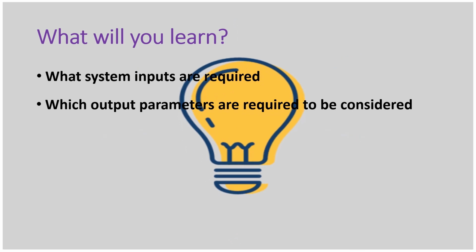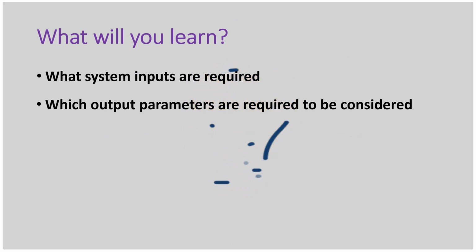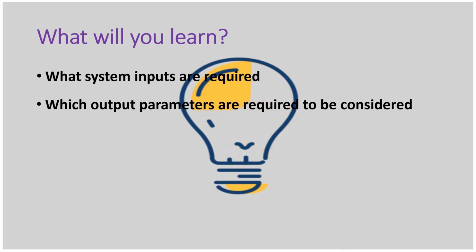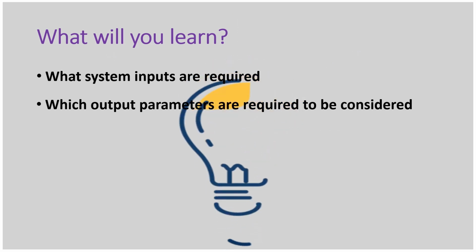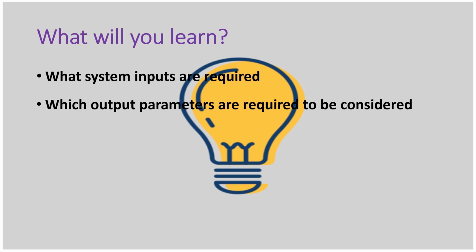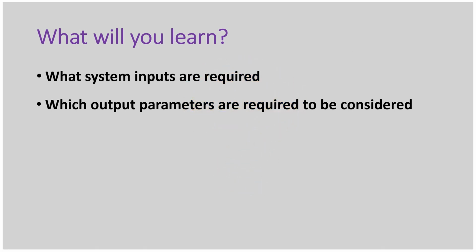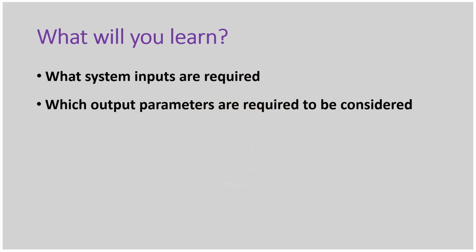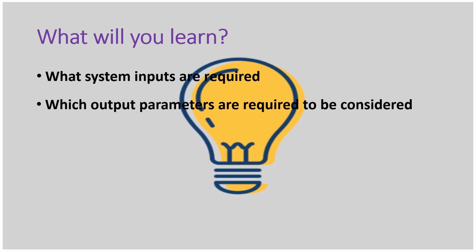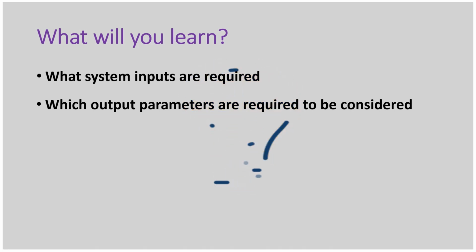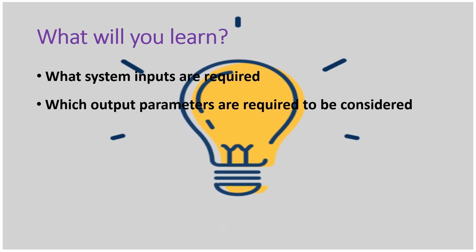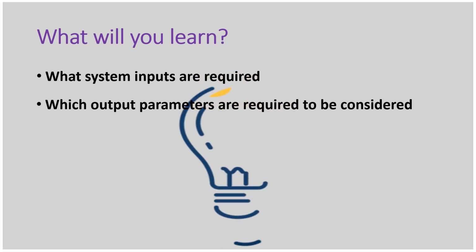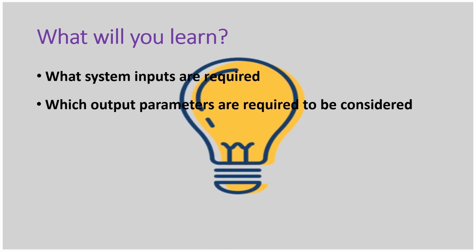Now the bore size is the output parameter, so this digital tool will help you to decide which bore size you should select, and it will give you some output calculations which will be compared with your input parameters. That is a very important factor, so that you know whether your system is safe or not, and whether your selection is proper or not.